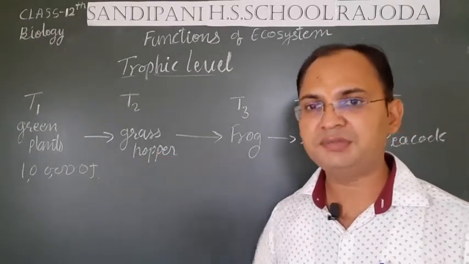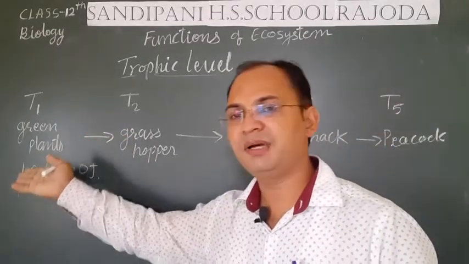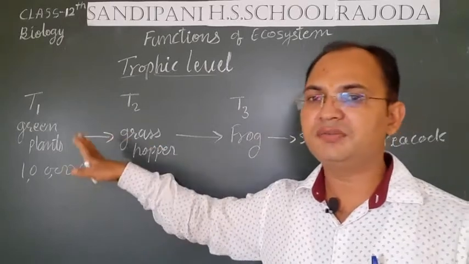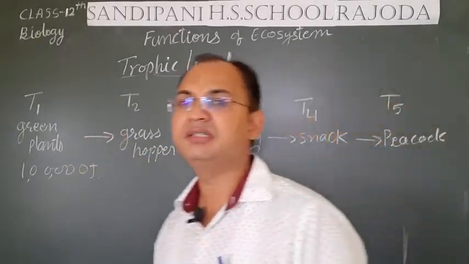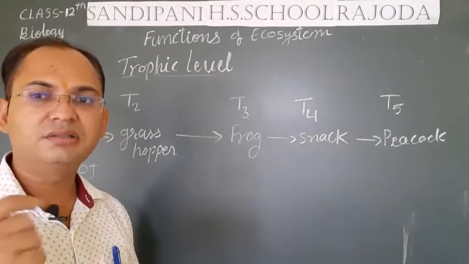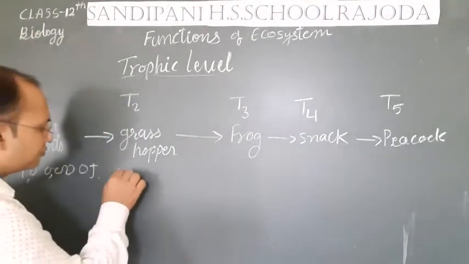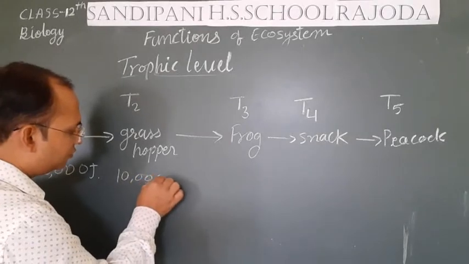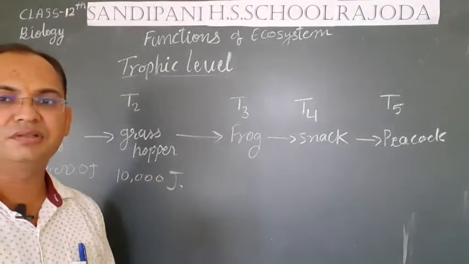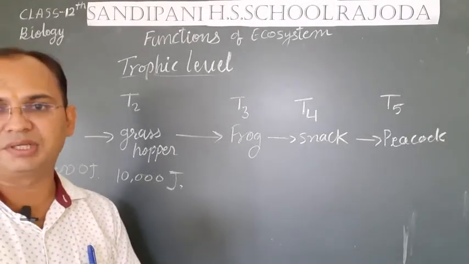The rest of the 90% energy will be utilized by the members themselves. So if in the first trophic level 1 lakh joule energy was there, then 10% of 1 lakh, that is only 10,000 joule of the energy, will be transferred from first trophic level to second trophic level.